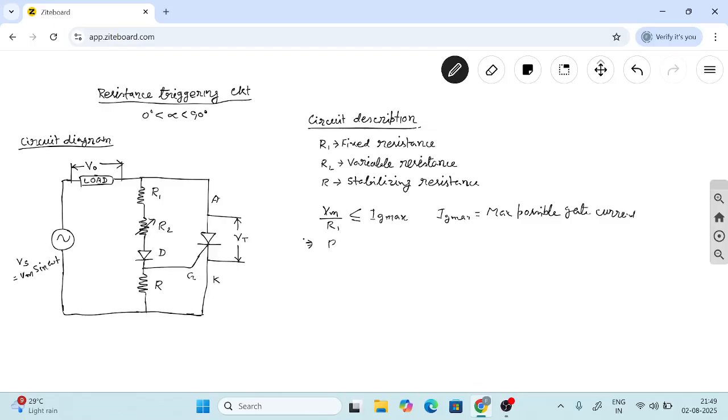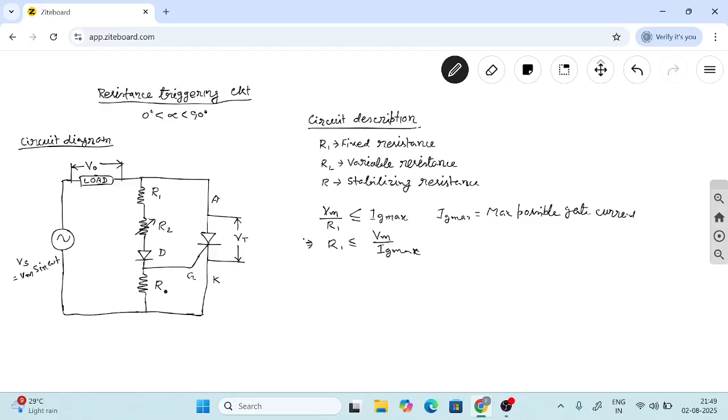So R1 is less than or equal to Vm by Ig max. Here Vm is the peak value of supply voltage and Ig max is the maximum possible gate current.